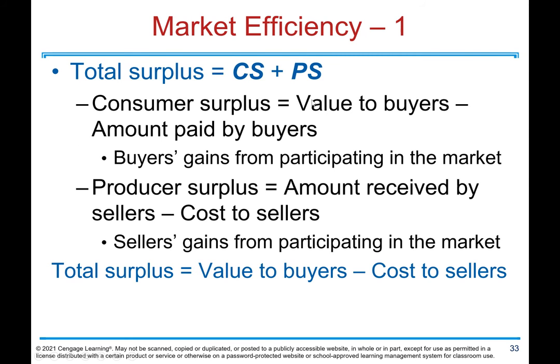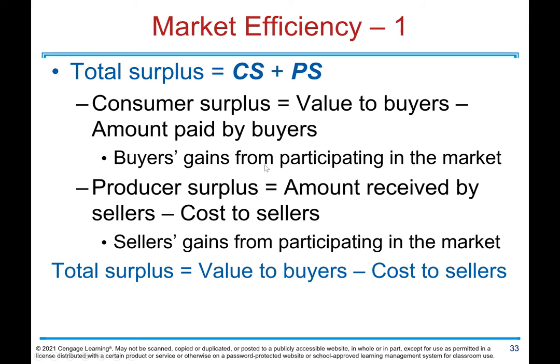Total surplus is consumer surplus plus producer surplus. Consumer surplus is equal to value to buyers minus amount paid by buyers.